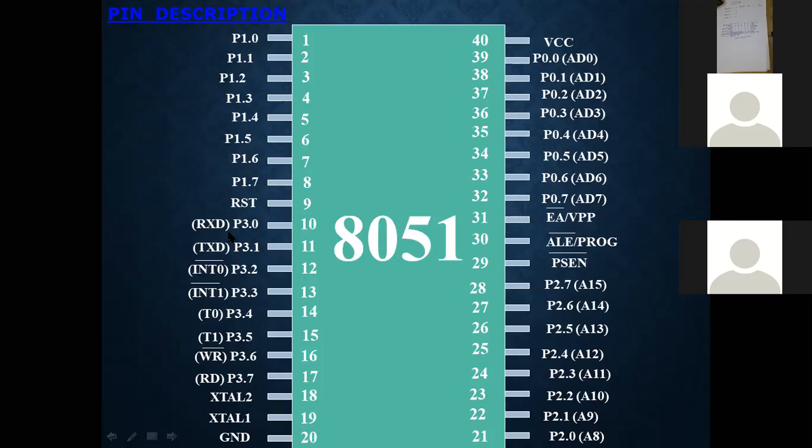Can anyone say? 12, say 12 megahertz. 12 megahertz. Very good. To be very exact, that is 11.0592 megahertz. Okay. So it is approximately 12 megahertz. Or maybe, sir, 11.0529.